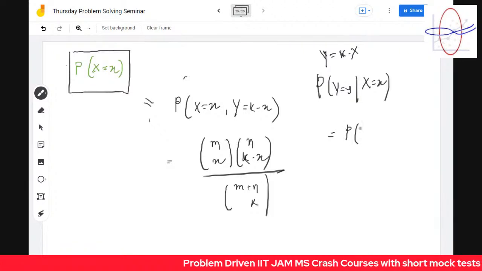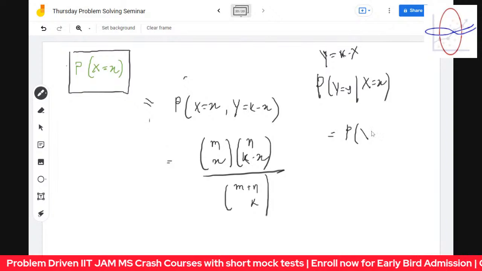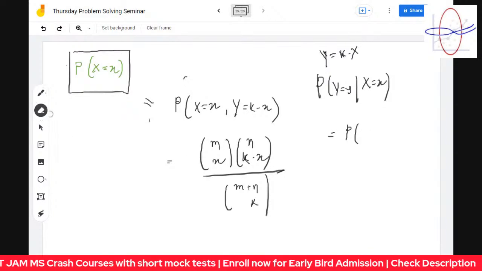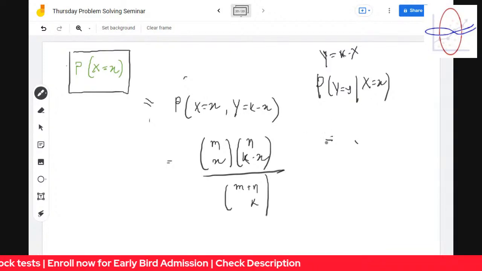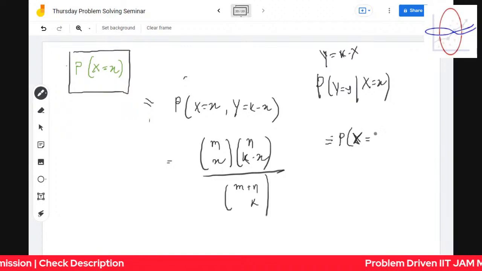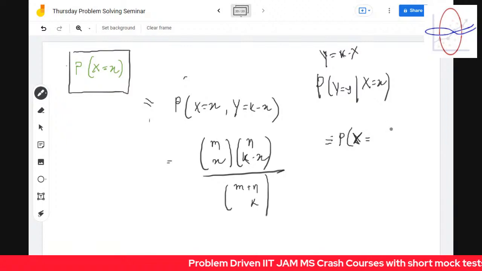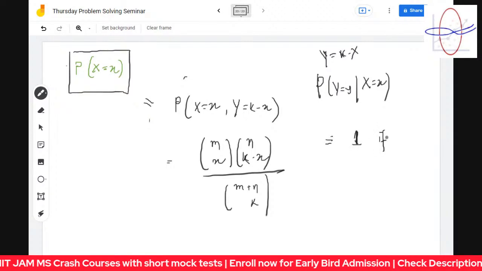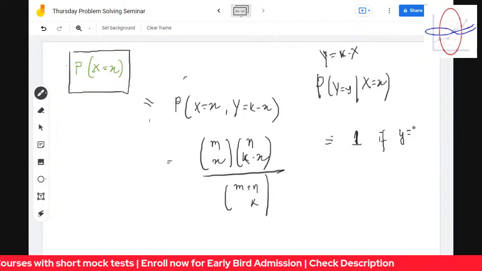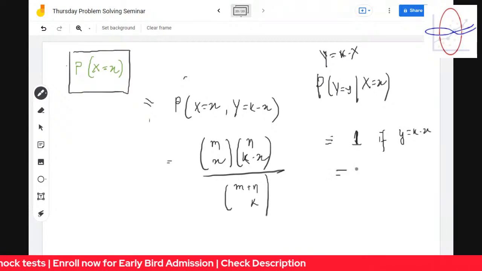So this will be equal to 1 if y is equal to K minus x, 0 otherwise.